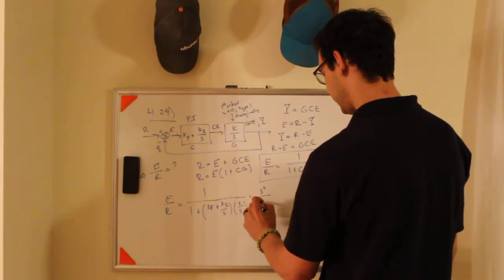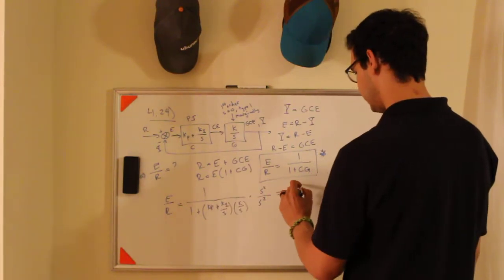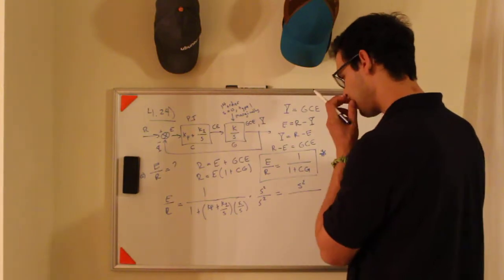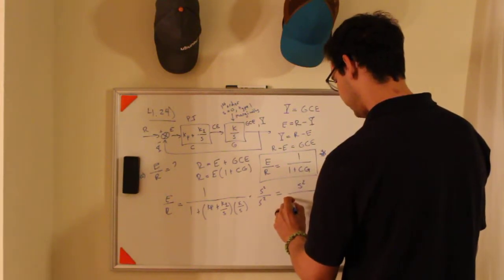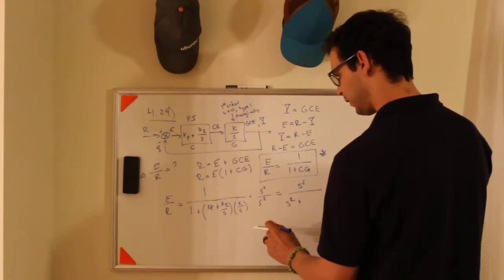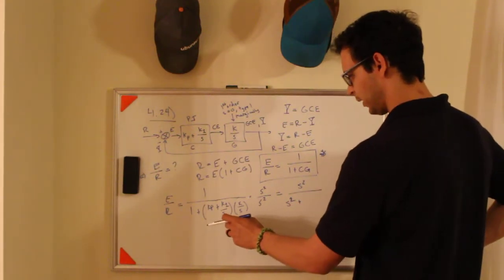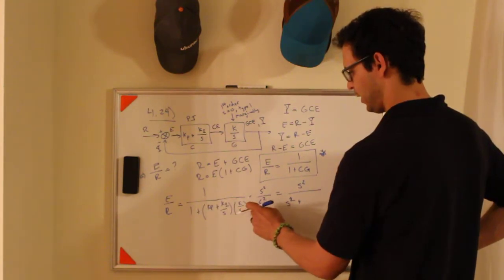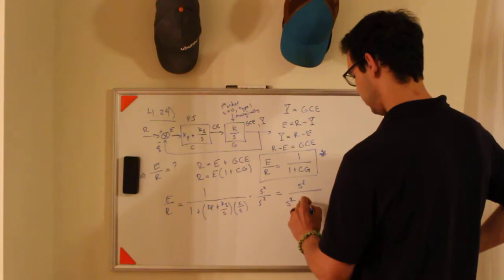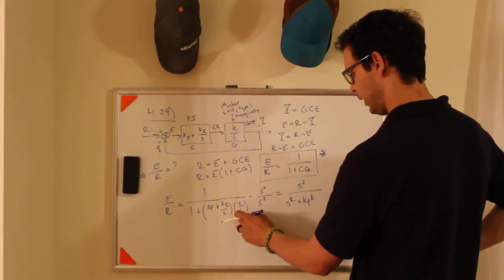So I'm going to multiply by s squared in the numerator and the denominator. So I'm going to get a numerator s squared. And then in the denominator, I'm going to get an s squared, plus, and this is where things get complicated, a KpK over s times s squared.